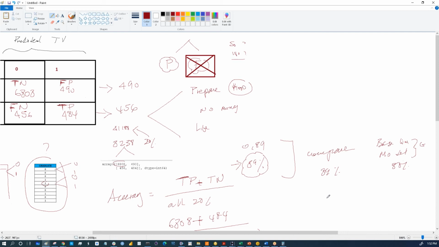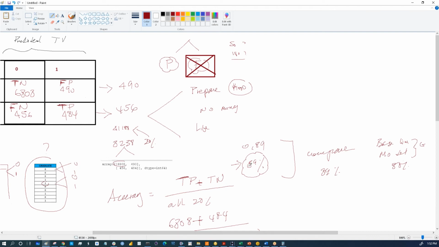But I have a question. I'm still confused. This 88 or 89%, what's the probability of being 0 and 11% being 1? Why are we comparing that with the accuracy? So this 89% was the probability of being 0, not buying the term deposit, and 11% getting the term deposit. Why are we comparing that with the accuracy?